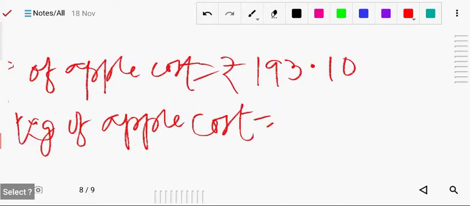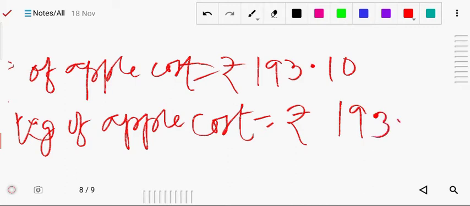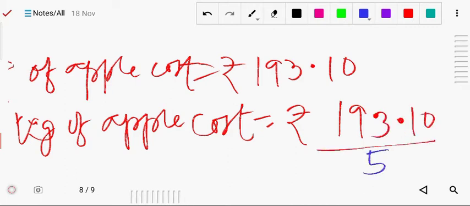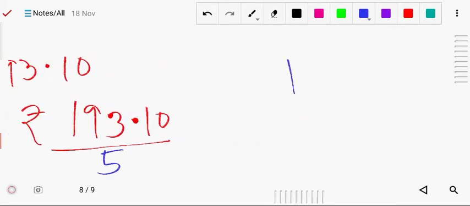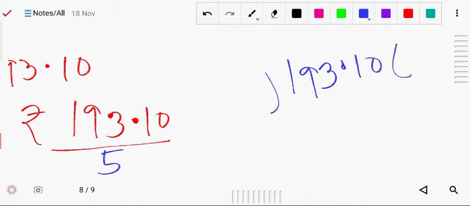So we will divide. 193.10 will be divided by 5. Okay, so you can divide 193.10 by 5. Let's do it. How many times?